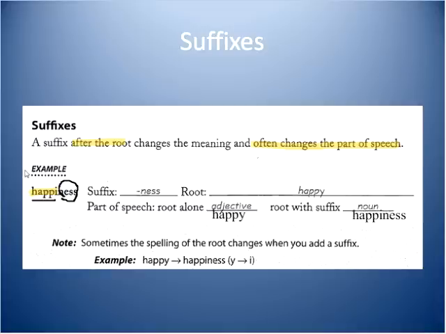You may also notice that the spelling of the word changed when you added the suffix. You can see that the Y in happy changed to an I in happiness. So when you add a suffix, sometimes you change Y to I.